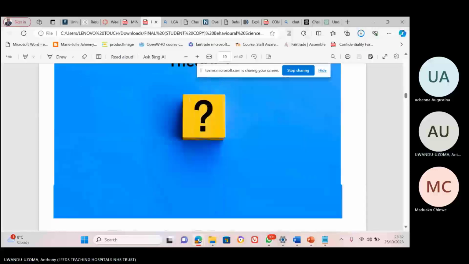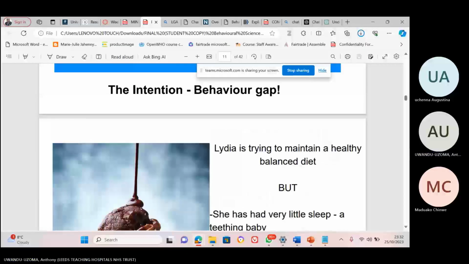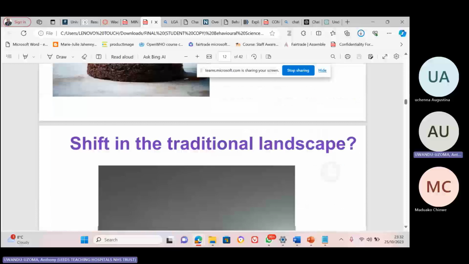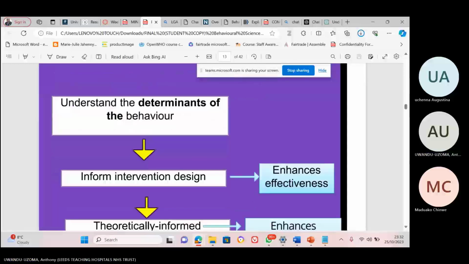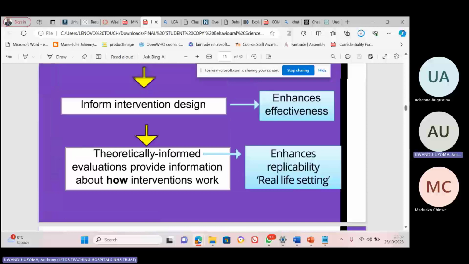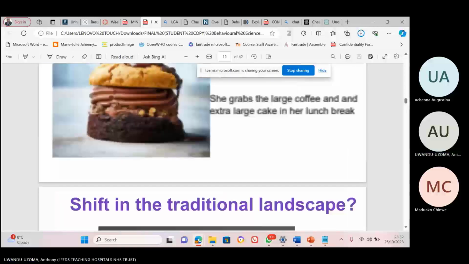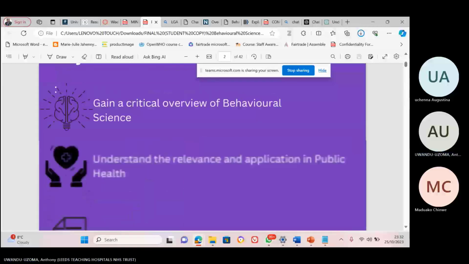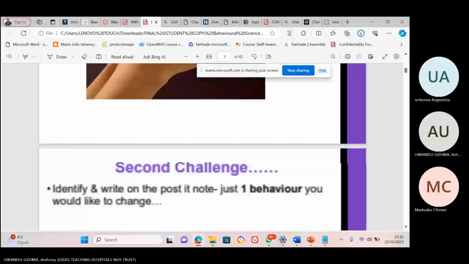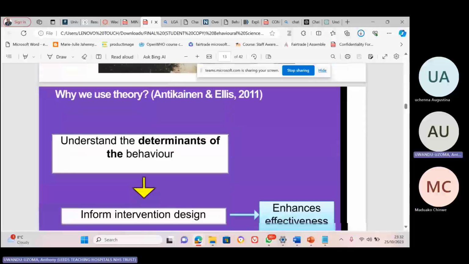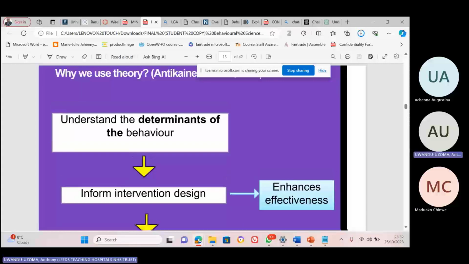That is that. What do you notice? Intention-behavior gap. What else is important in my essay? Now remember when they said that we should understand the application, how do you use behavioral theories in public health. This diagram will tell us the why.